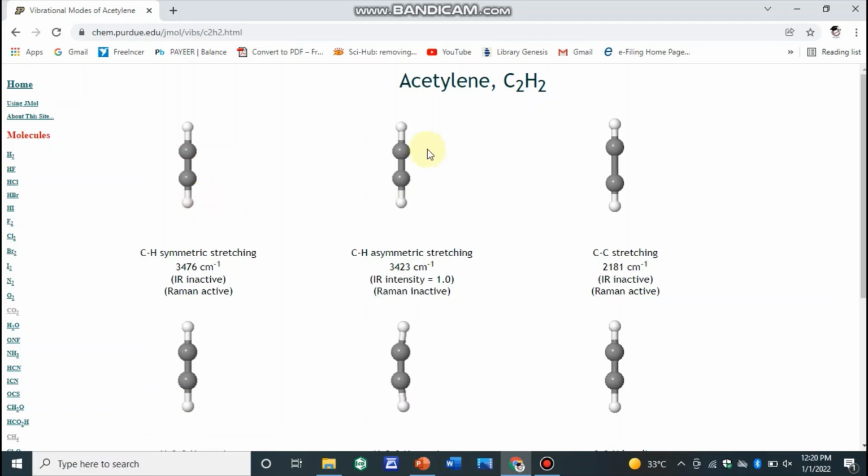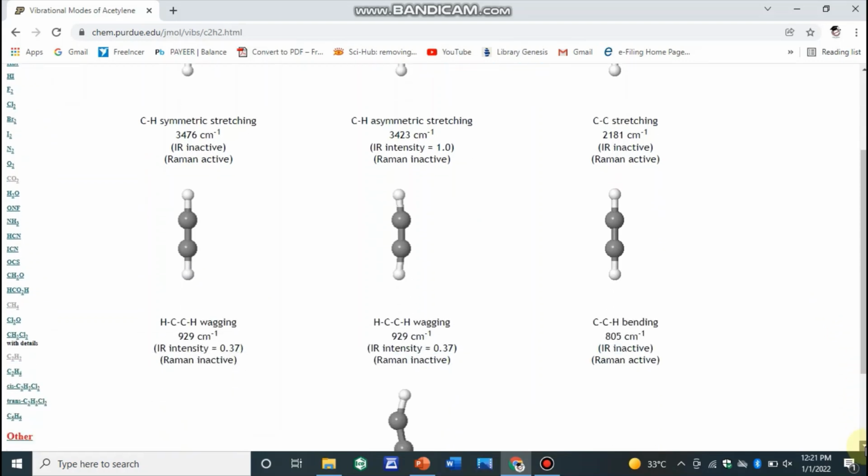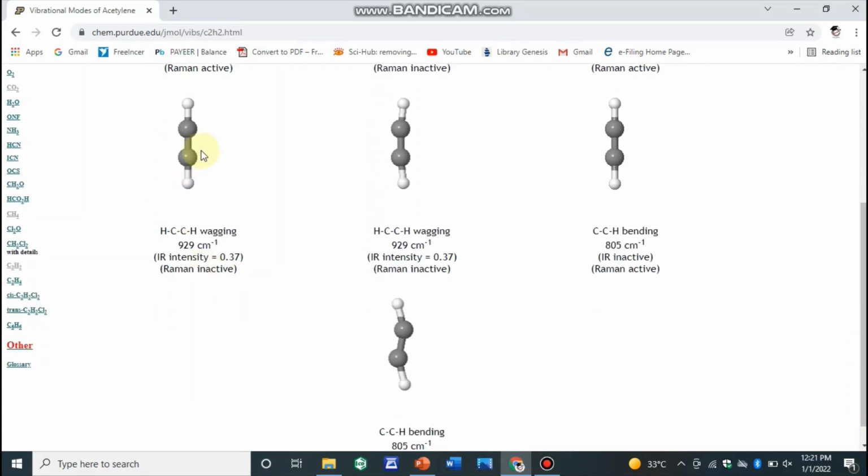This is CH stretching, this is CH asymmetric stretching, CC stretching, also other vibrations. This is wagging, this is another type of wagging, this is bending, and this is also bending. And here you can see a lot of molecules are there.